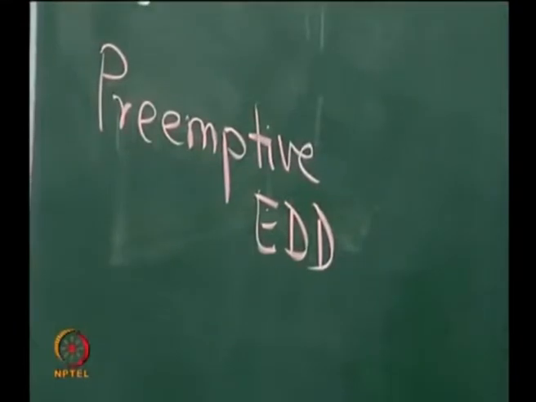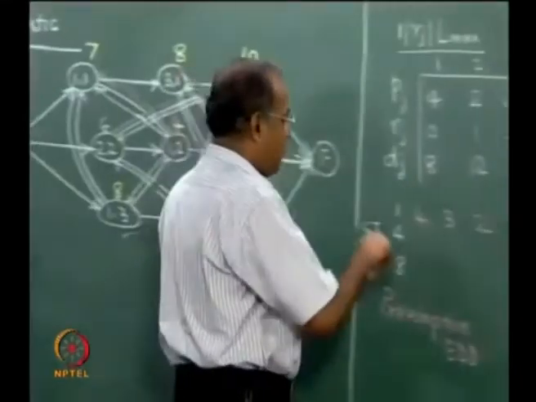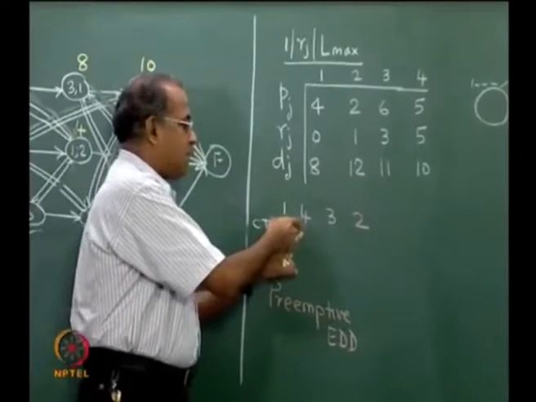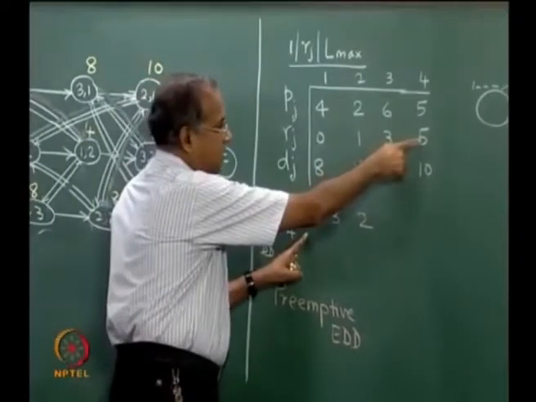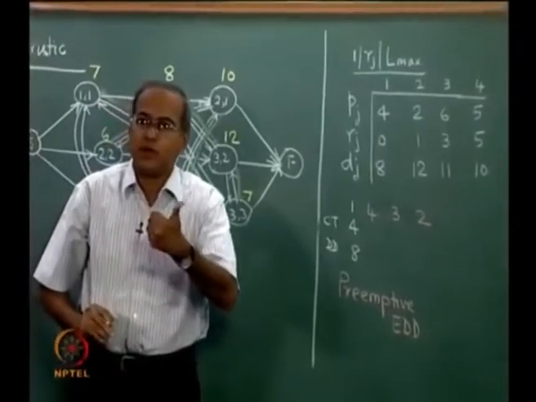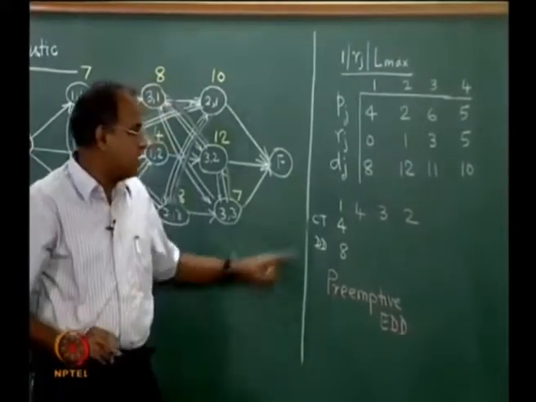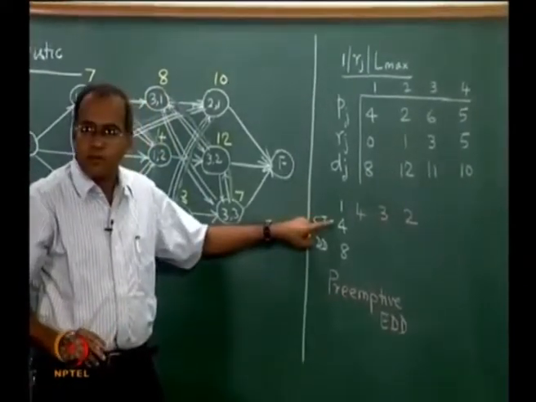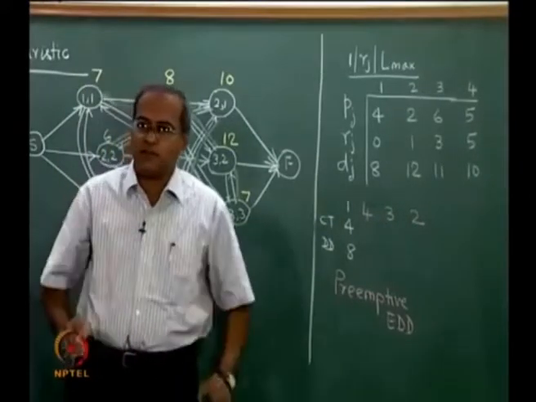Now, in the actual sequence, if we want to find the actual sequence for 4, it will start at 5 and finish at 10, and the machine is idle for that one time unit because it is free at 4, but job 4 is available only at 5.